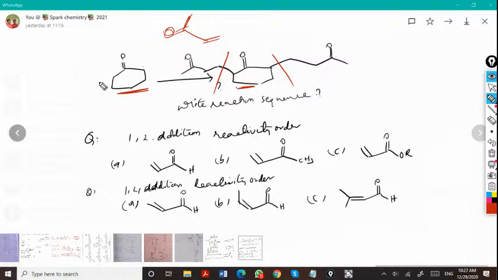If this is treated with pyrrolidine in the presence of base, automatically it is going to give the enamine, the pyrrolidine cyclohexane. If this is treated with 1 mole of methyl vinyl ketone, it is going to attack here, followed by hydrolysis, resulting in what?